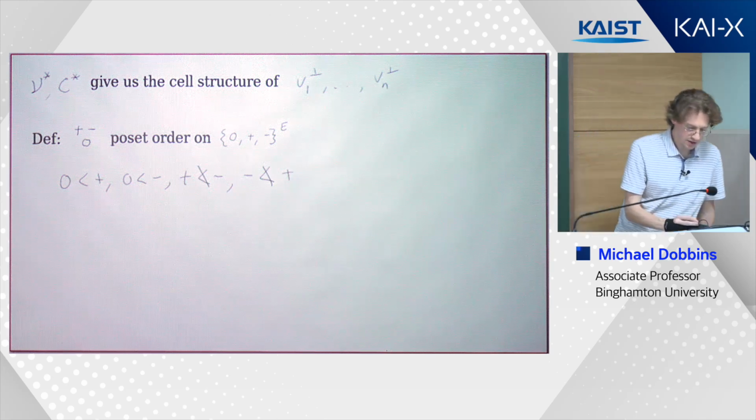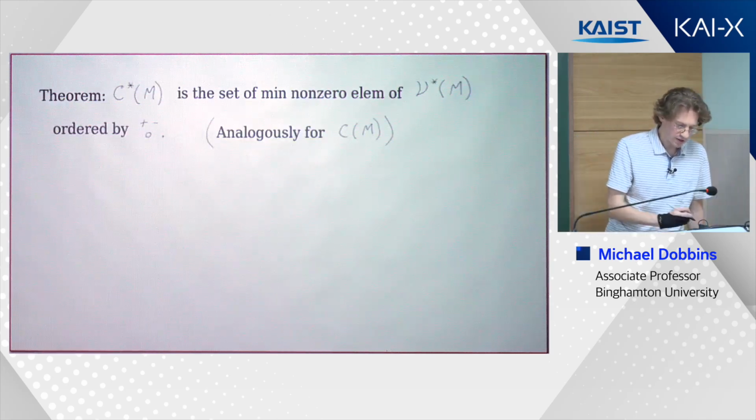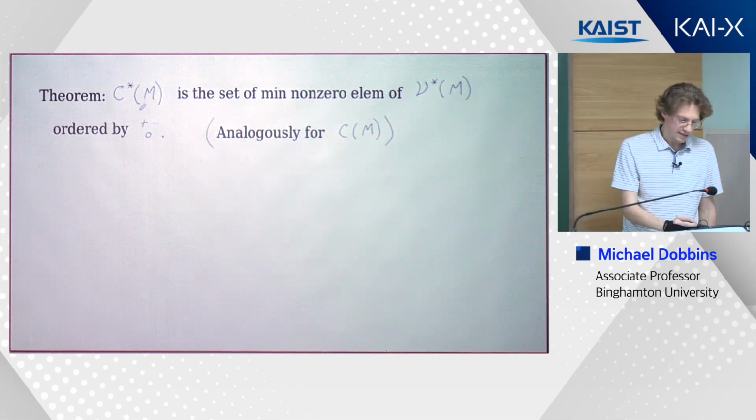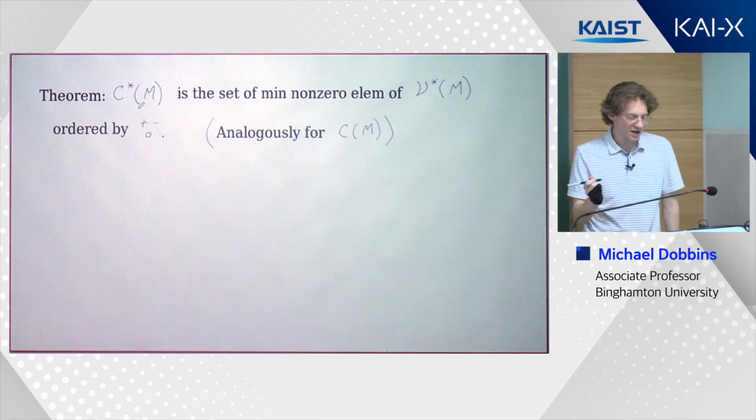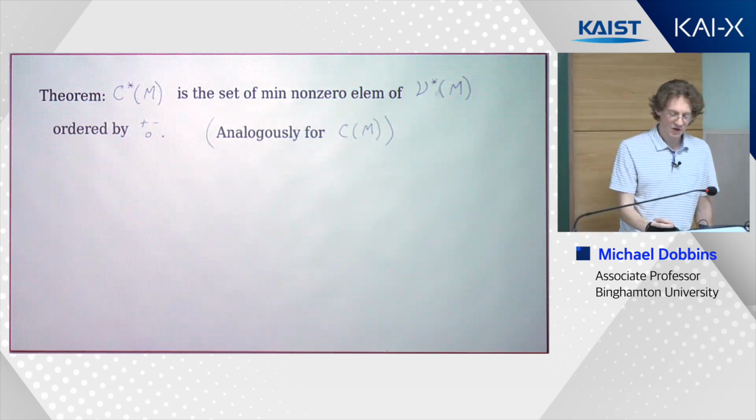So this gives us another way of defining the set of cocircuits of a matrix: these are the minimal non-zero elements of the covectors with respect to this order.